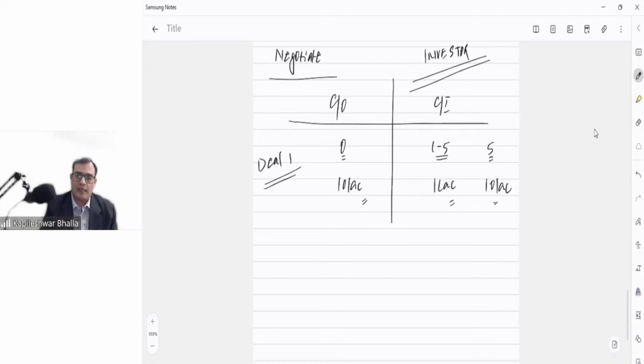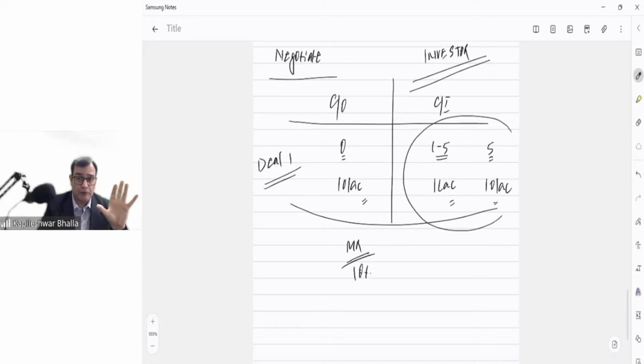If I were to ask you to calculate the internal rate of return, if I use the market rate of 10% to discount, let me ask you now a financial management question. If you're going to discount these inflows at the market rate of 10%, do you think you will get exactly a present value of 10 lakhs?